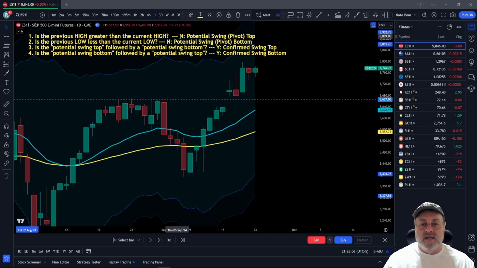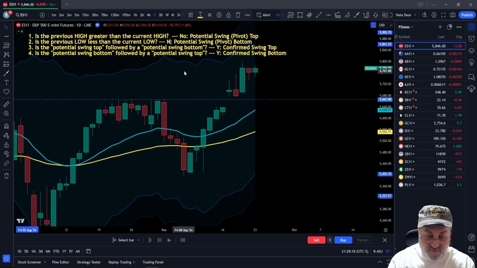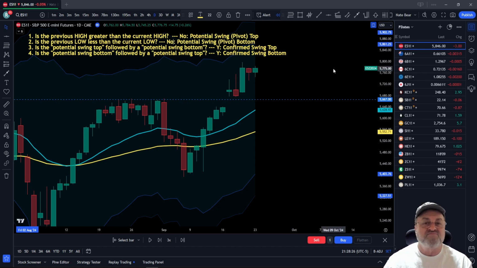So the answer is no, as you see here, N. Then that price bar is referred to as a potential swing or pivot top. Swing, pivot, same thing. Cycle, swing, cycle, pivot. This price bar has been identified as a potential swing top because the previous bar does not have a higher high.